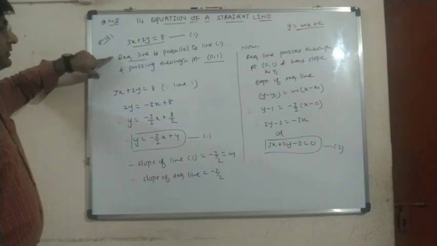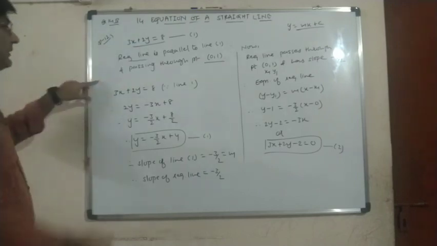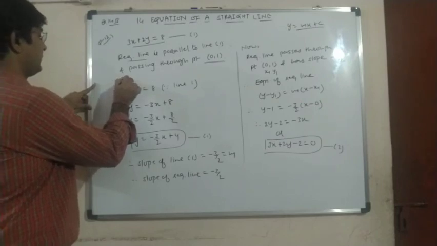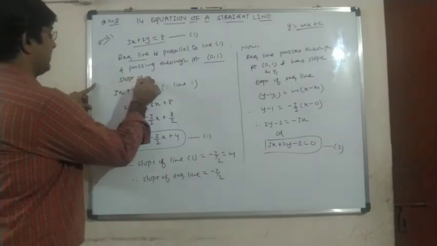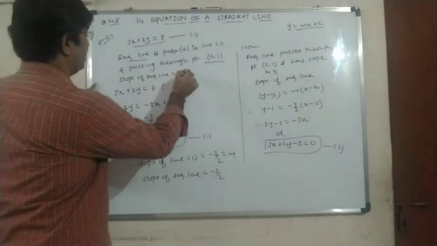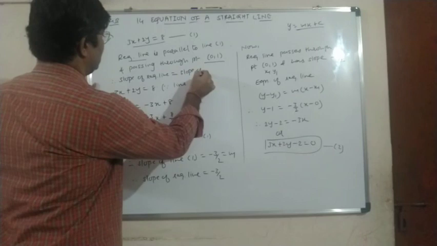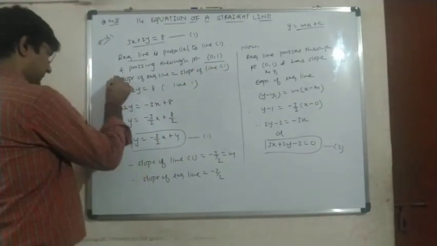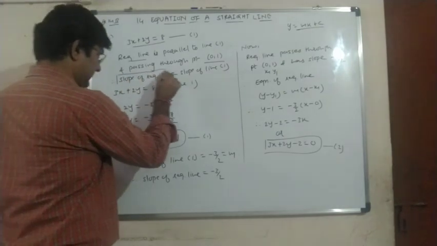Okay, one more statement here. I would write down that the required line is parallel to line 1, and therefore the slope of the required line is equal to the slope of line 1. Okay, so this particular point we should remember.